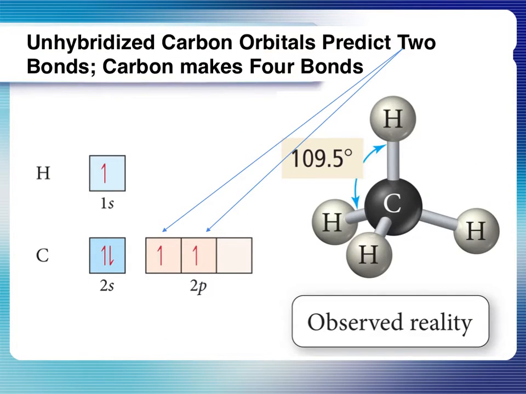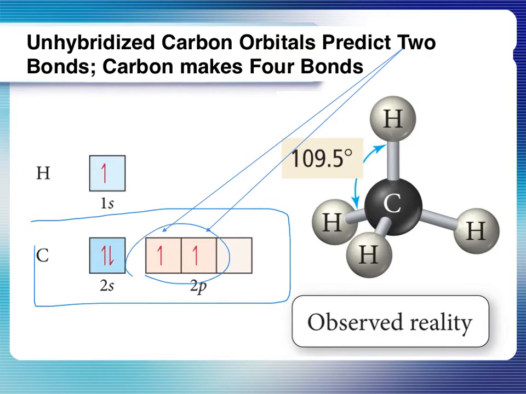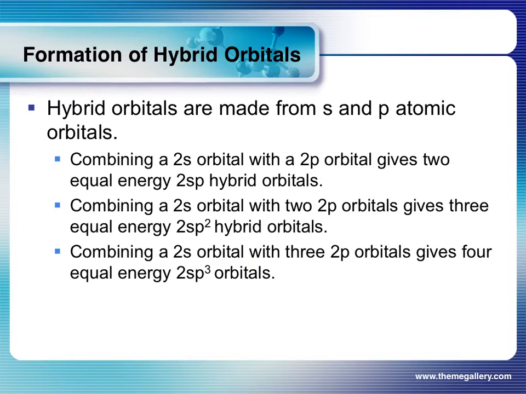This reiterates what I already said about carbon. If you draw out the electron configuration for carbon, it would suggest that it will only make two bonds, but it actually makes four bonds. We're going to show how that can happen. Before I start making hybrid orbitals, I want you to understand some ground rules. If you combine one s orbital with one p orbital, so 1 plus 1, you get exactly 2 hybrid orbitals.